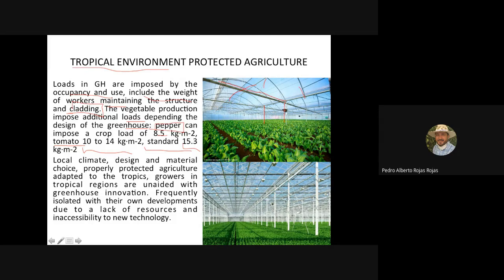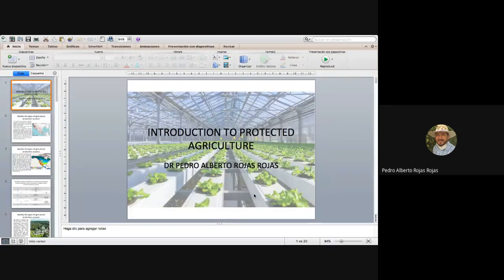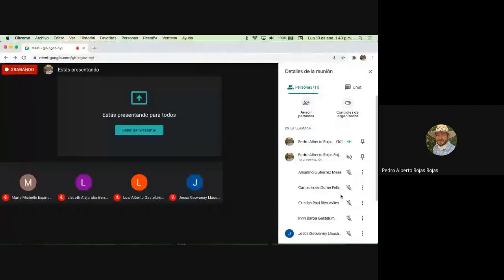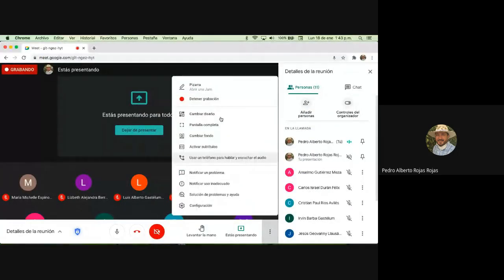But here in the downside of the greenhouse, you can see a bigger structure that is able to resist a lot of load. This is useful for the winter when the greenhouses resist snow above the ceiling, for example. So that is the review of the last class.